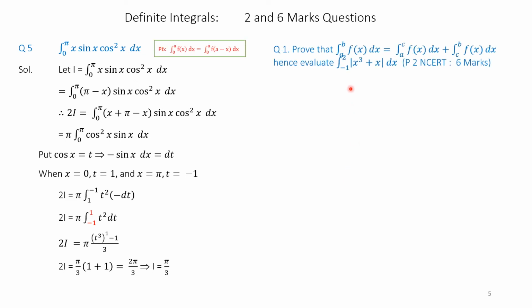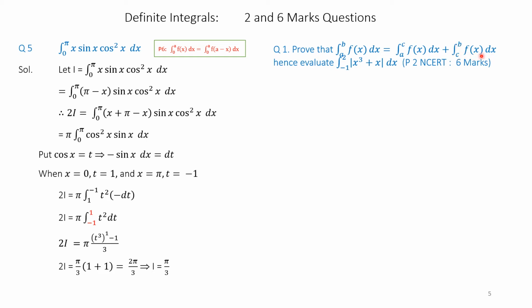Now we will move on to the most important part, that is the 6 marks questions. Question number 1. Prove that the integral a to b of f of x dx is equal to the integral a to c of fx dx plus c to b of fx dx.